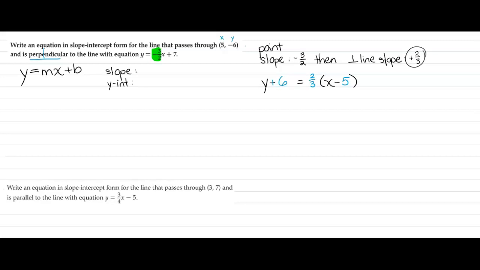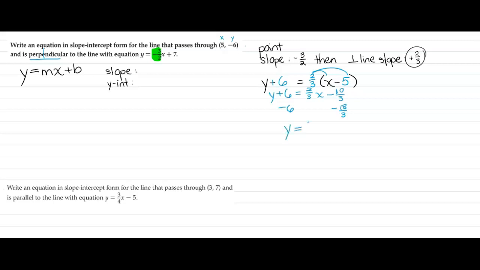Now remember, they want it in slope-intercept form, so we need to distribute. And we need to subtract 6 from both sides. I'm going to write 18/3 so that I don't have to get my calculator out. That's the same thing as -6, if you recall.